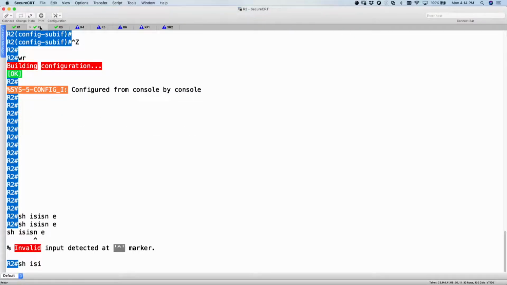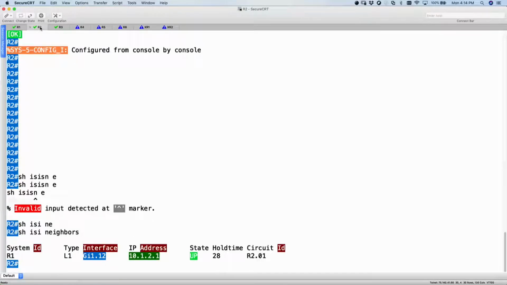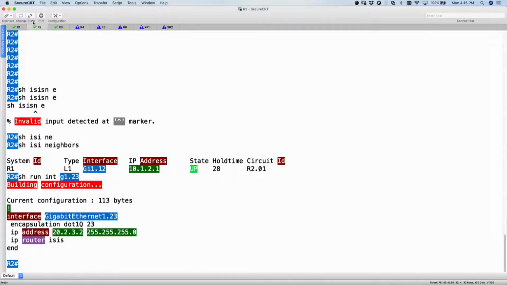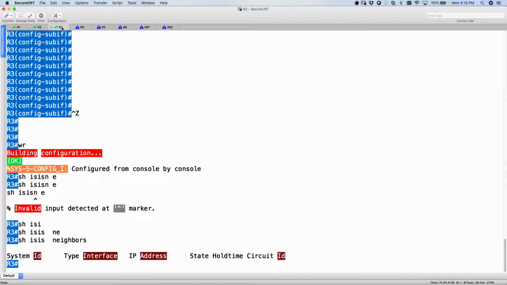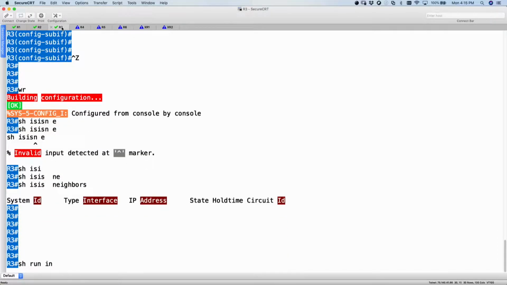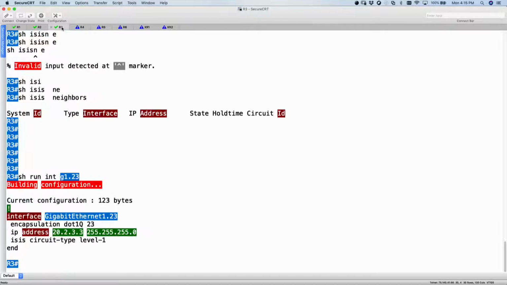So show ISIS neighbors. So I have neighborship with R1. I do not have neighborship with R3 yet. Let's check my interface, and let's check R3 also. Show run interface gig 1.23. So ISIS circuit type here is level 1.